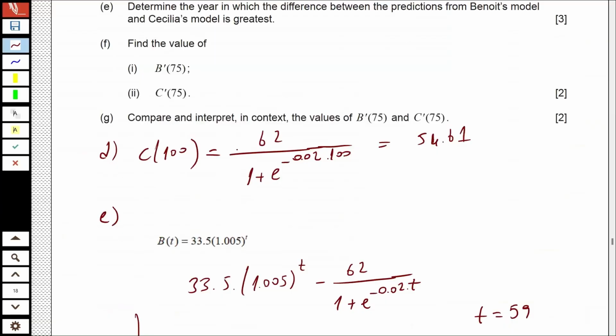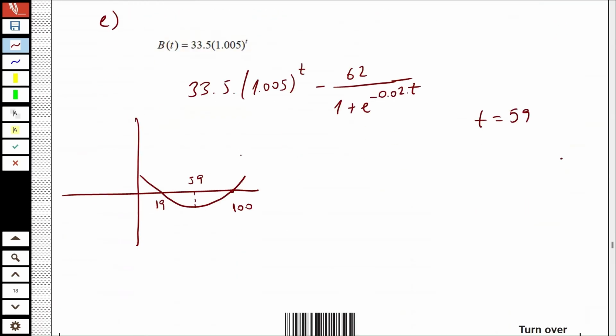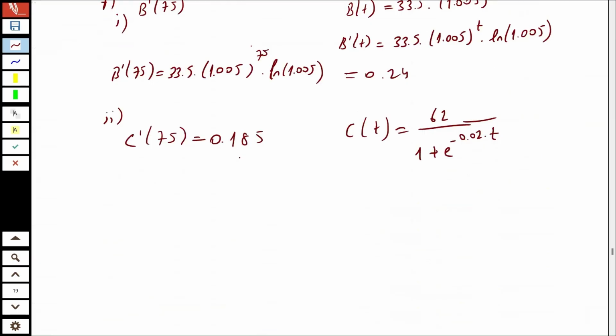And the question: compare and interpret in context the values of B'(75) and C'(75). As we see from the previous question, B'(75) is greater than C'(75).